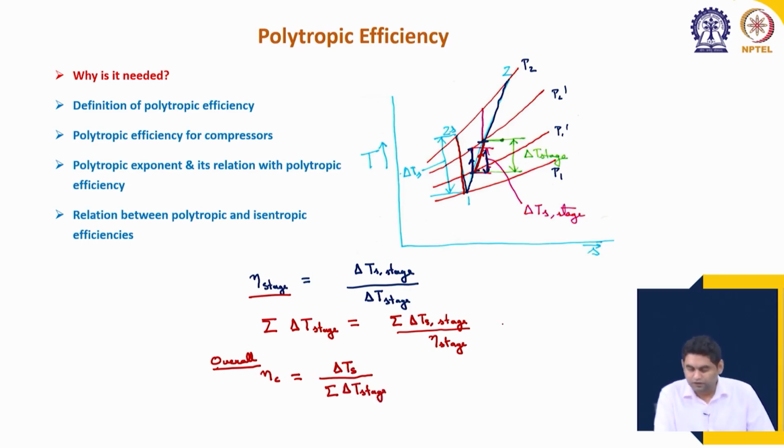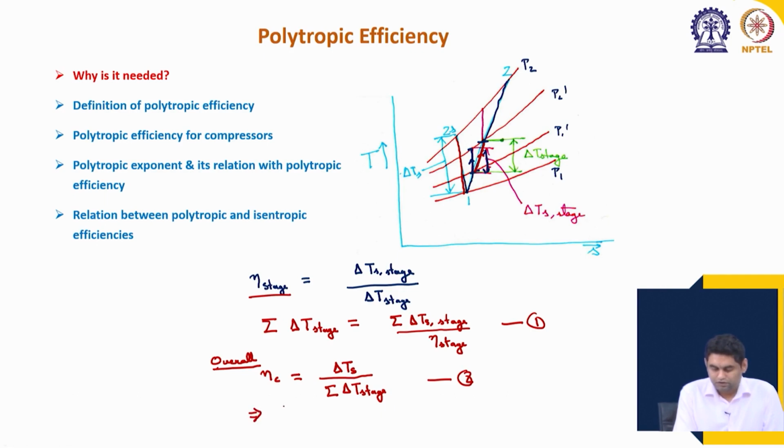So, from these two, what we get is that eta C by eta stage is equal to delta T s by the summation of delta T s stage.